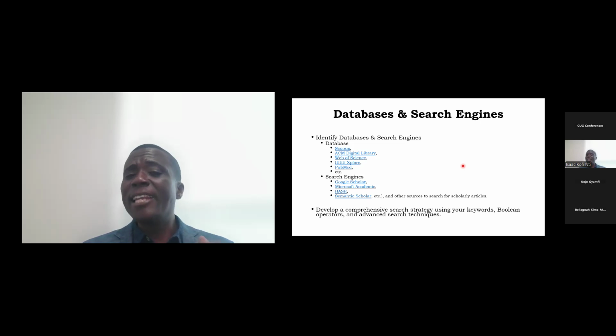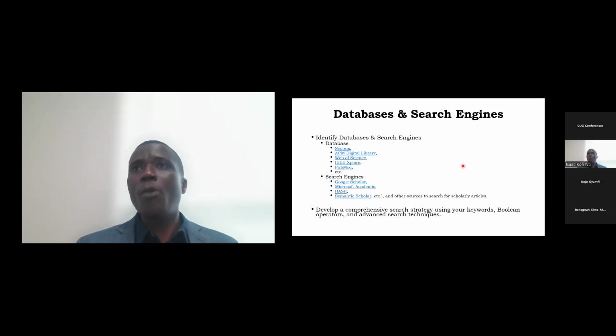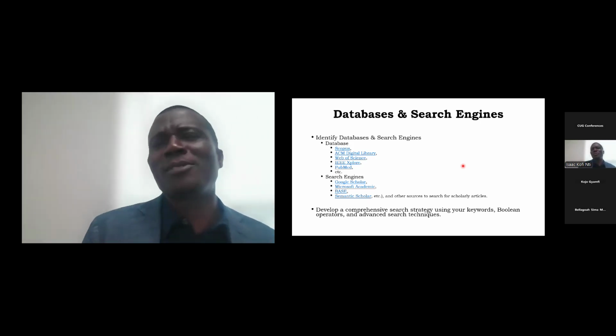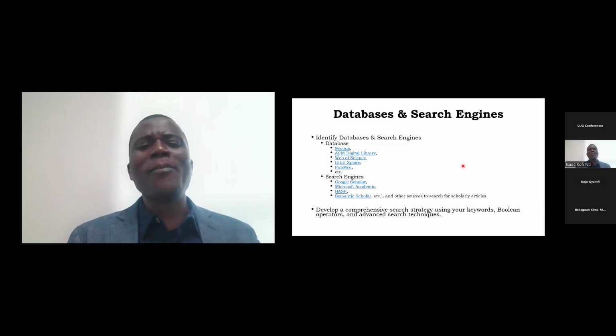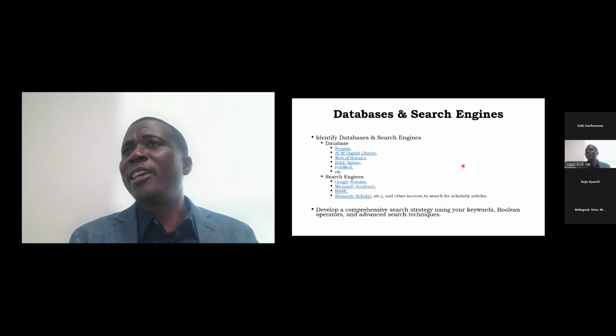Remember that any decision you make, you must explain. I've gotten a reviewer before who asked me, why did you use this database and not the other database? Because we don't want to be biased. So why are you using Scopus and not IEEE? Because some papers are indexed in IEEE but not indexed in Scopus.